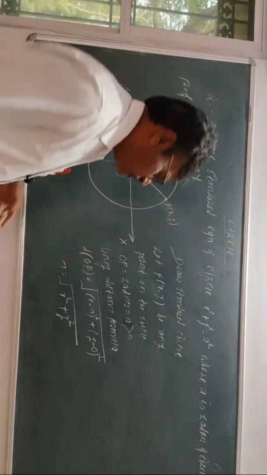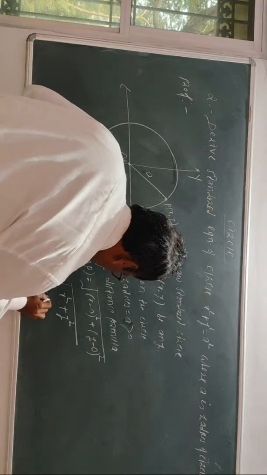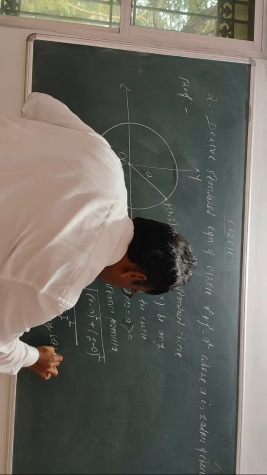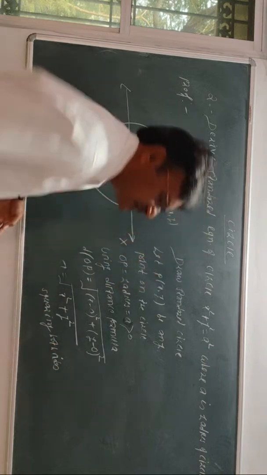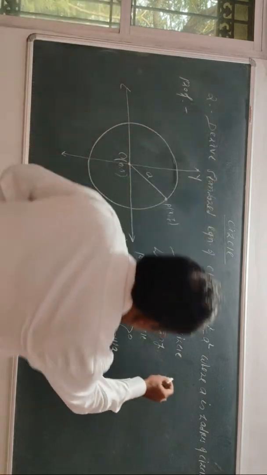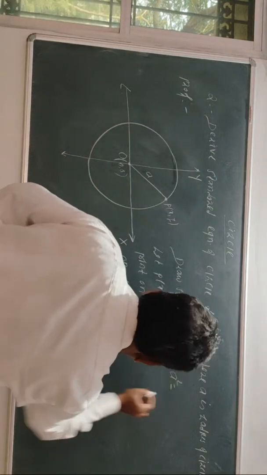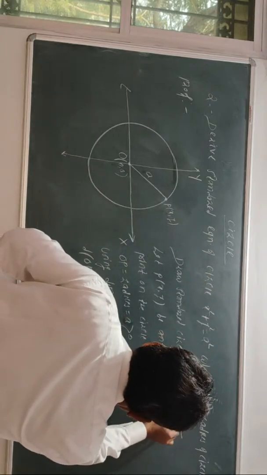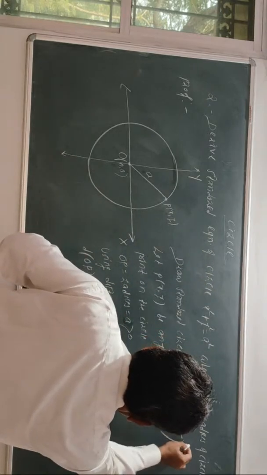Then squaring both sides, we write a square is equal to under root x square plus y square, whole square.